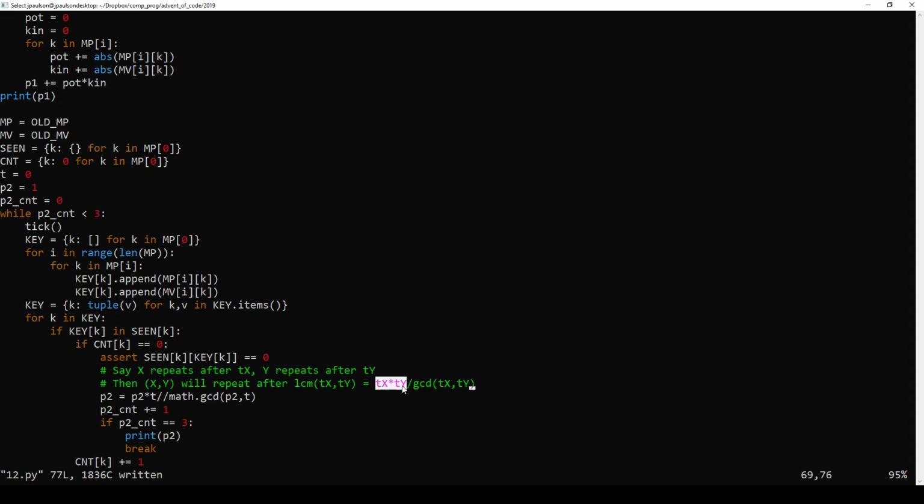Okay, I'll just give the math formula. If you look at the prime factorization of tx and ty, if you have p and p squared, say, for some prime, then you only need p squared to be a multiple of both of them.